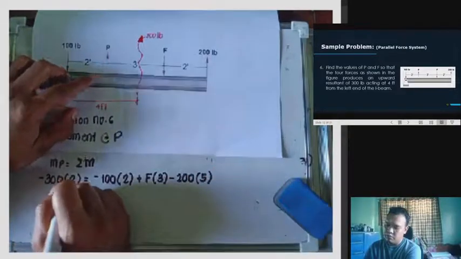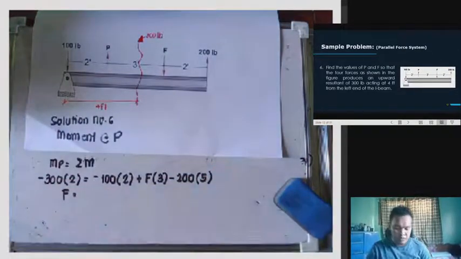So negative 300 times 2 equals minus 100 times 2 negative plus F times 3 minus 200 times 5.